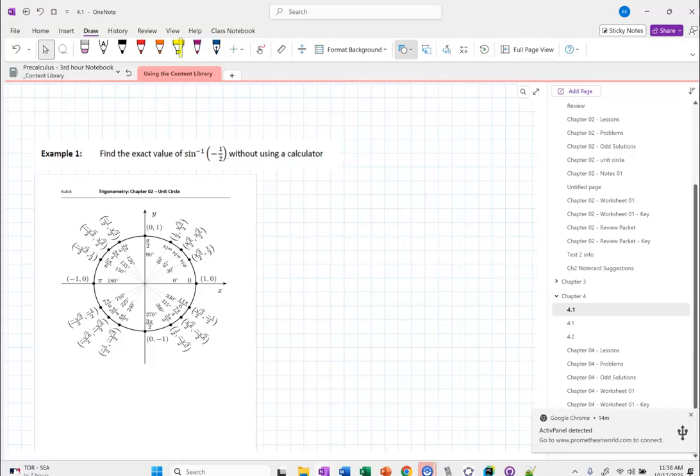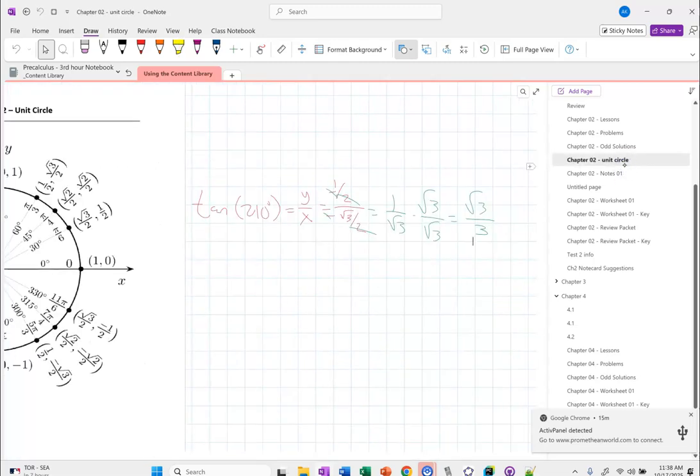I'll have one projected on the screen, but by the time you're in the back of the classroom, that's awful hard to read. So it helps enormously if you have your own to look at. If you have lost yours, what could you do? Yes, if you go back to the chapter 2 section in OneNote, there's the unit circle file you can open as a PDF and print your own.